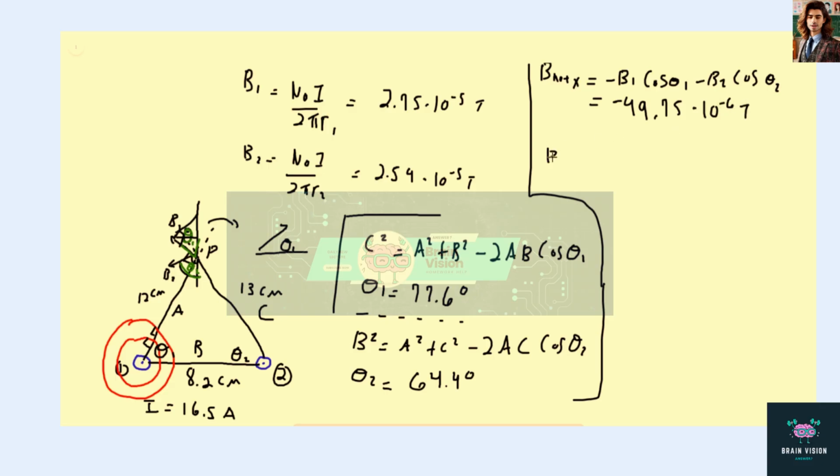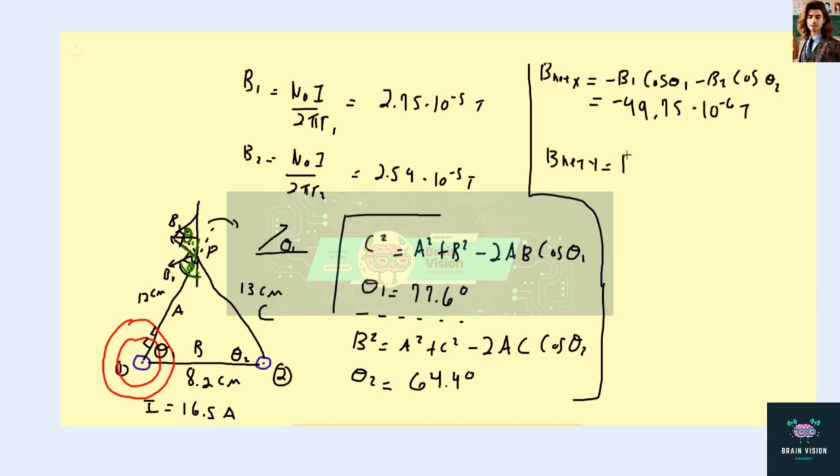And then for the y direction, we do the same thing. Usually if the x direction is cosine, the y direction is going to be sine. Those are almost always just the opposite of each other like that. So in this case, B1 is pointing, it's gotten a little bit messy over here now, but that's going to be pointing in the positive y direction if we look at that.